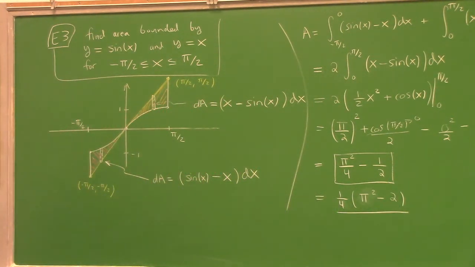Whatever's more simple to you. The latter answer is kind of nice because pi squared is essentially 9, and so 9 minus 2 is 7. 7 quarters is about 1.75. The first one is like 9/4 minus 1/2, which is kind of like 7 quarters. I don't know, whatever.